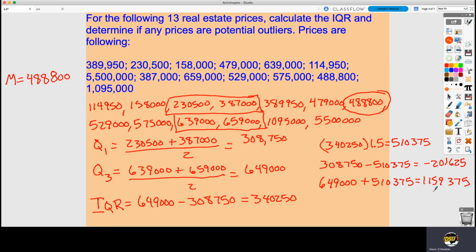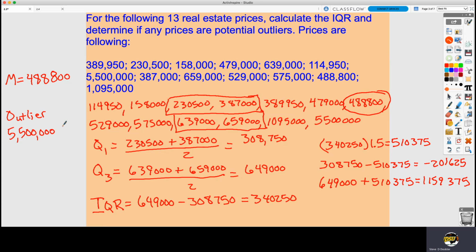Do we have any numbers above that? Yeah, this 5.5 million is above that. So our outlier for this one is that 5.5 million.